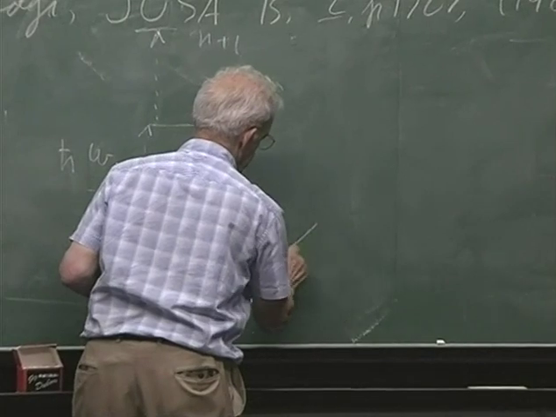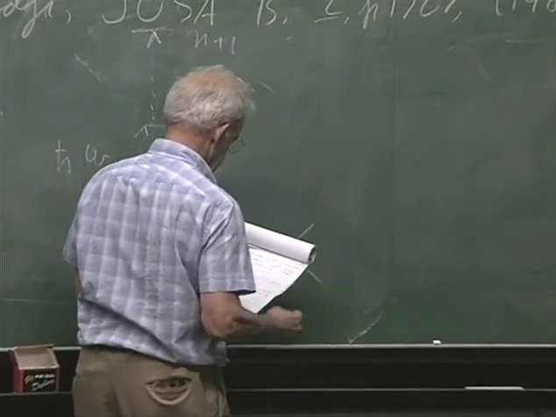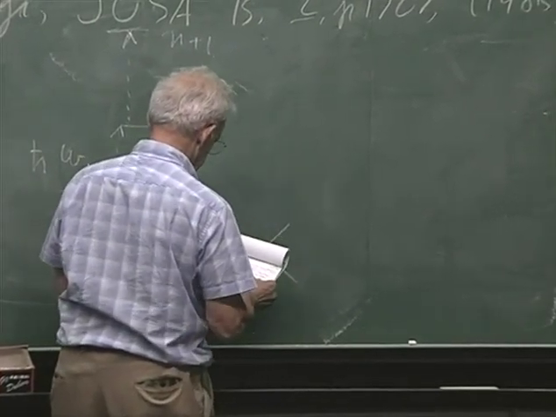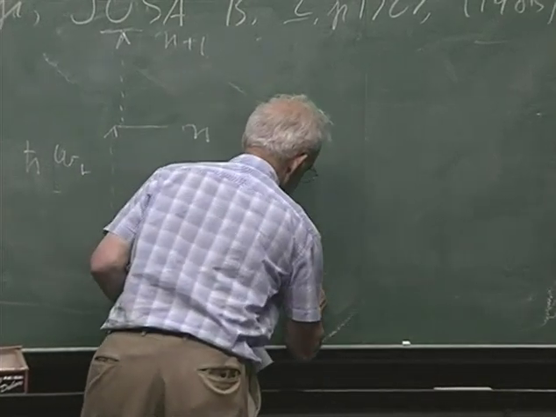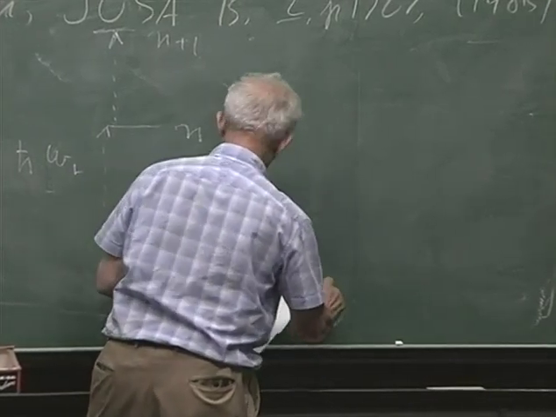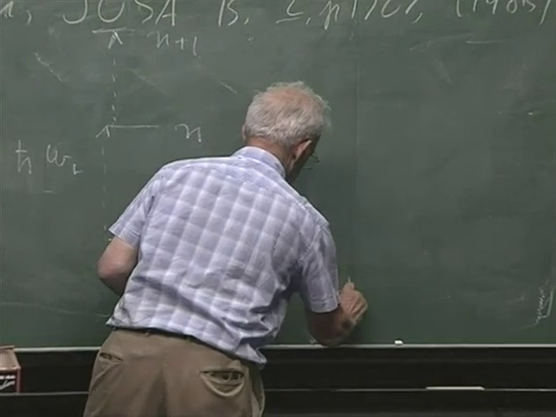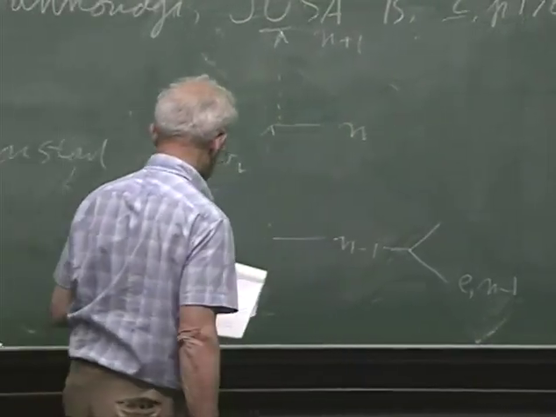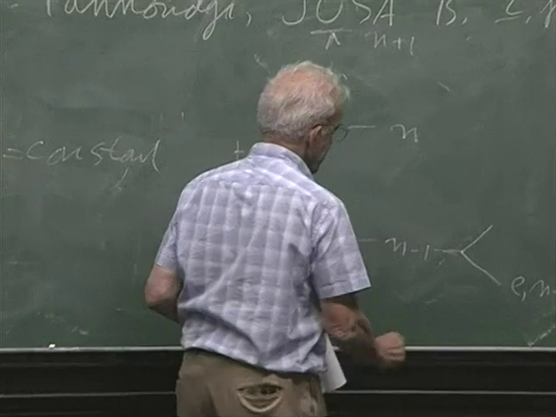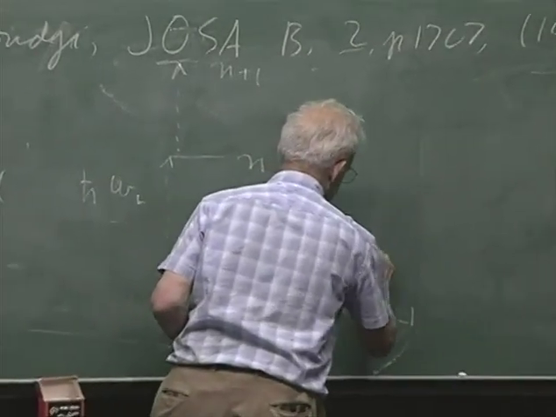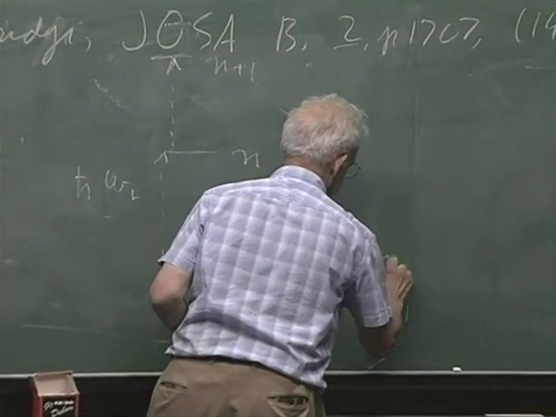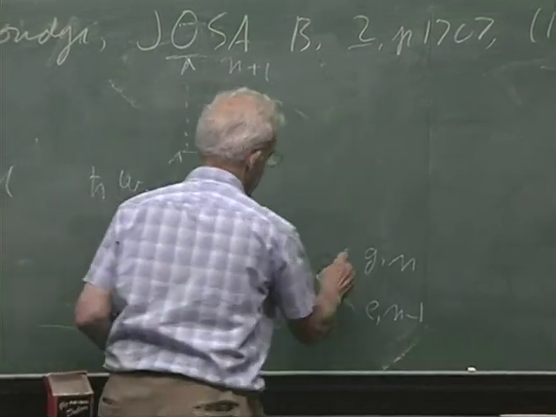Now, here is the atom over here, this is the excited state of the atom, and this is n minus 1 photons over here. That's going to be degenerate with the ground state of the atom and n photons, like that.